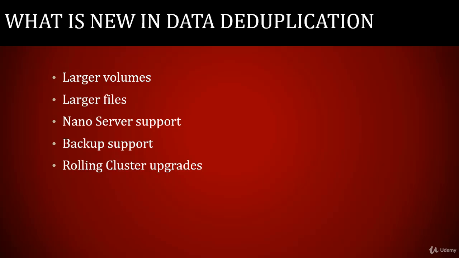We also have support for rolling cluster upgrades. A rolling cluster upgrade means I have a cluster that runs, we'll say 2012 R2, a 3-node cluster. Every node runs 2012 R2. Well, when I want to upgrade my cluster to Server 2016, the easiest way to do that is to add a node running Server 2016, then remove a node running 2012 R2.